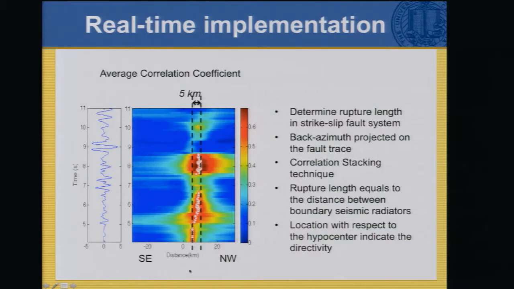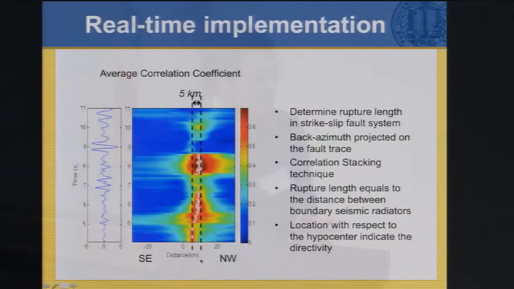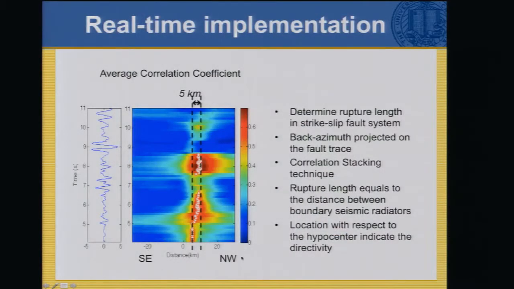For each time instance, you compute the cross-correlation coefficient between all pairs of stations, which depends on the direction that you're assuming the waves are coming from. Then you average all the cross-correlation coefficients to get a single value, and that's the colors shown here. This axis is time, and this is distance along the fault.